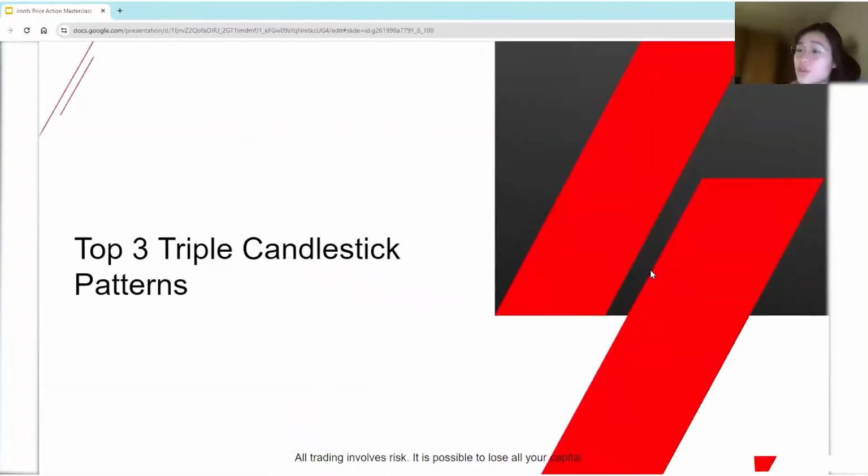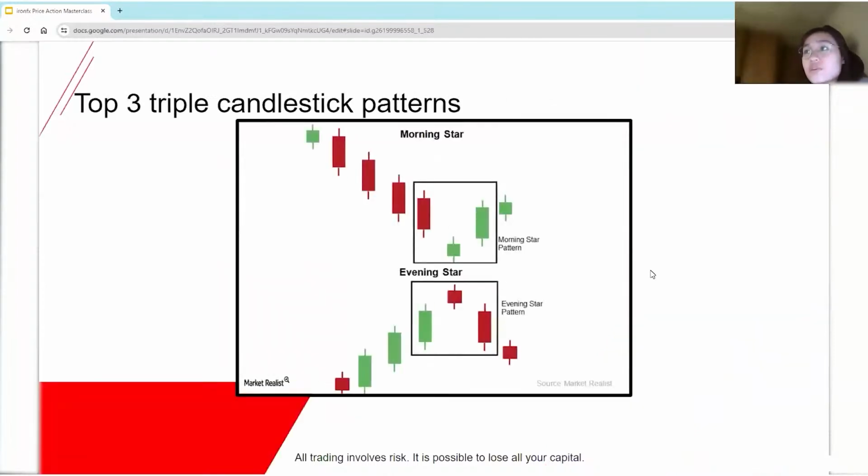Okay, next we're looking at our top three triple candlestick patterns. Here we have our morning star and evening star. So our morning star is kind of a signal that price is going to reverse again, similar to our engulfing pattern.